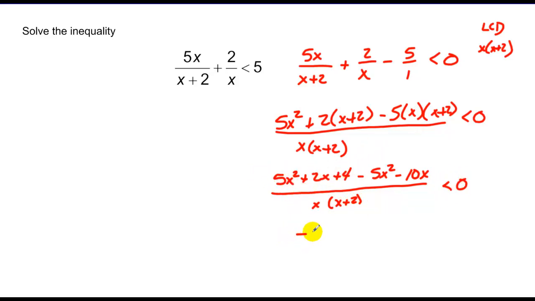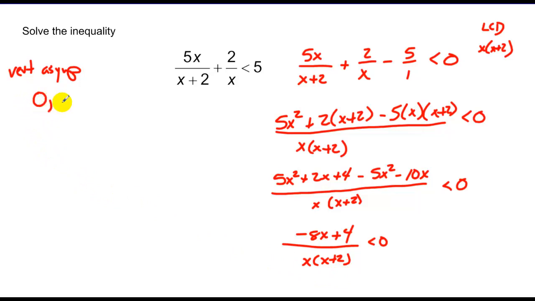I'm left with negative 8x plus 4 over x times x plus 2 is less than 0. So I would find those vertical asymptotes, or the numbers that set the denominator equal to 0. That gives me a 0 and a negative 2. And then the intercept is going to equal a half.